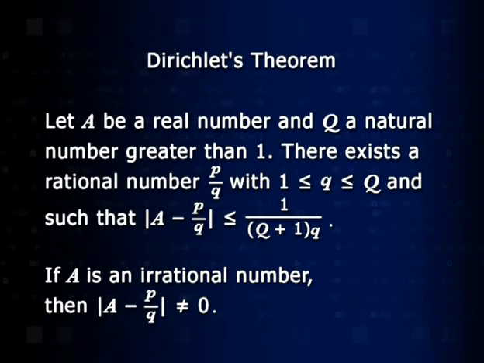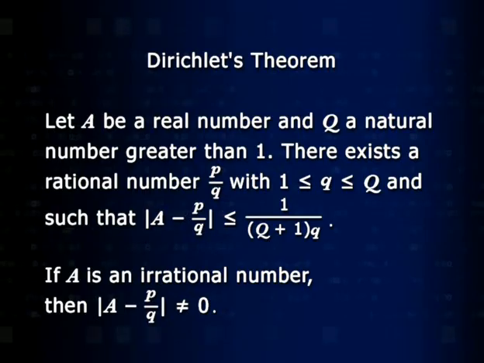Because if, for example, there were a rational number, let's say p over q, such that the absolute value of a minus p over q equals 0, then that would mean that a equaled p over q, which would mean that a was in fact a fraction or a rational. But we're now assuming that a is an irrational. That could never happen, and so therefore we see that the difference between a and any fraction can never be 0.